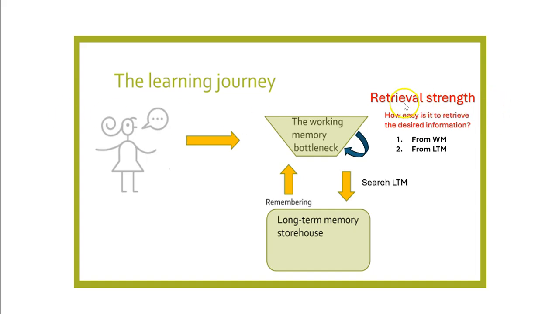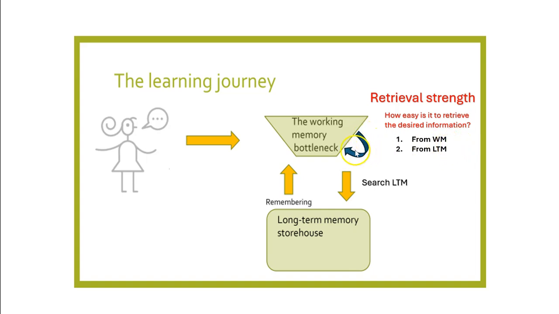Now, the first concept is retrieval strength. And this gets at this question: how easy is it to retrieve the desired information? And by easy, we could also mean how quickly can we access the desired information. Now, we might be retrieving information from two possible sources, the working memory system or the long-term memory system.